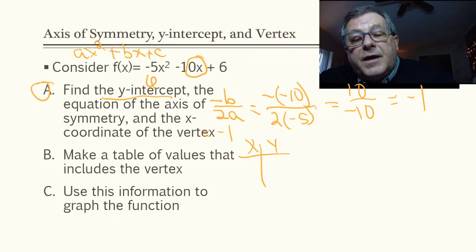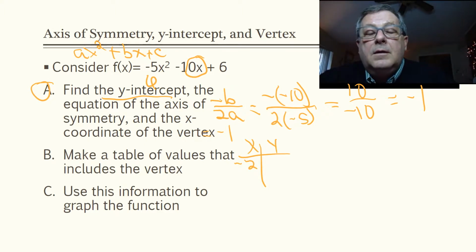So what happens if x is equal to negative 2? I plug in negative 2 for x. Negative 2 squared is 4, and negative 5 times 4 is negative 20. And then negative 10 times negative 2 is positive 20, plus 6.